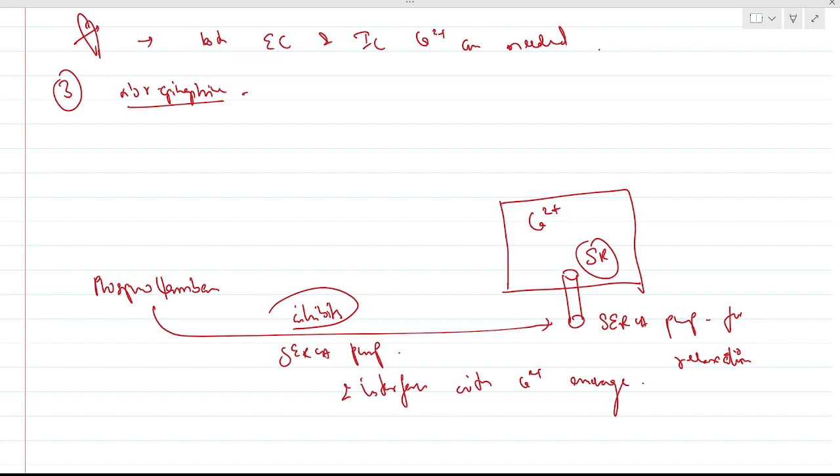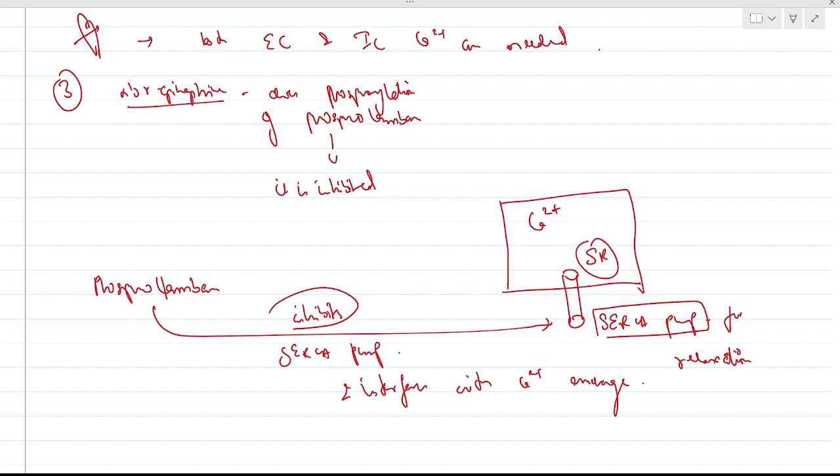And what does norepinephrine do? It does phosphorylation of phospholamban, so that it is inhibited. Phospholamban is inhibited and the SERCA pump gets non-inhibited and functions properly.